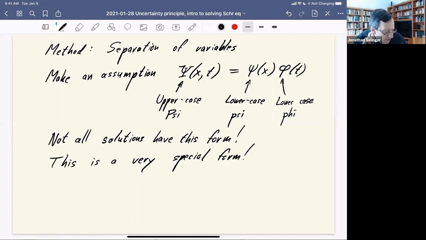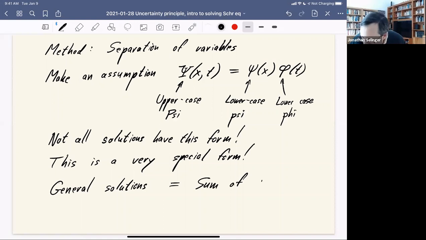Okay, so the reason why we think about solutions with this very special form is that the general solutions can be written as a sum of special solutions.